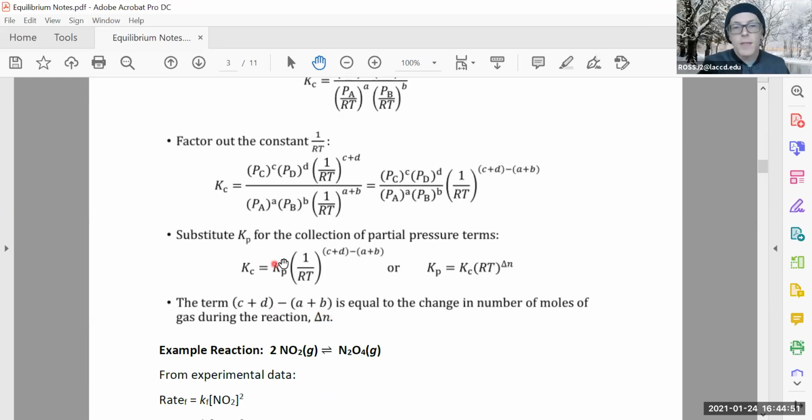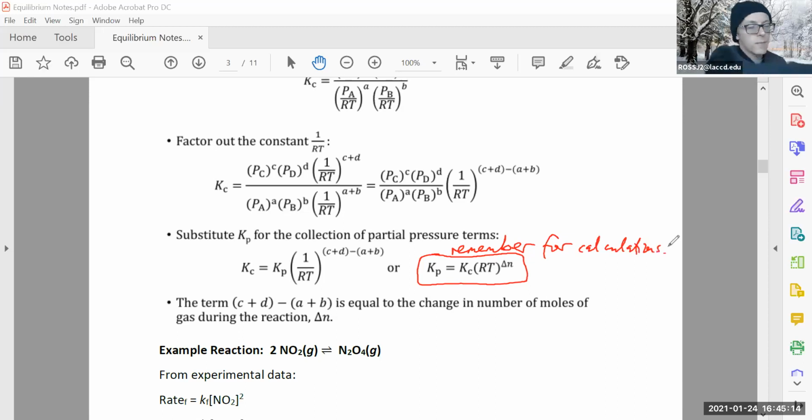So having this equation, this would be the equation that you're actually going to use. If you're the type of person that likes to memorize equations, this is the one that you will use. Okay.